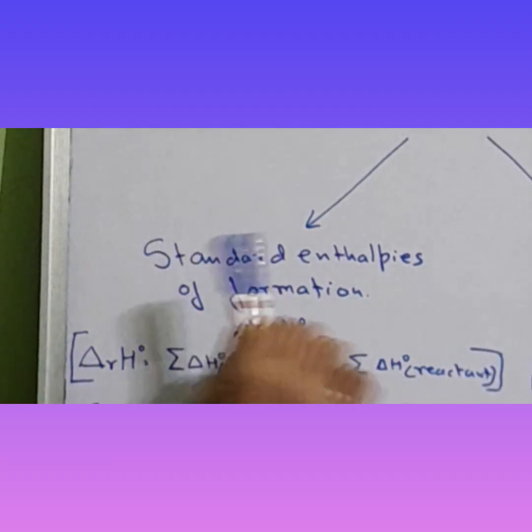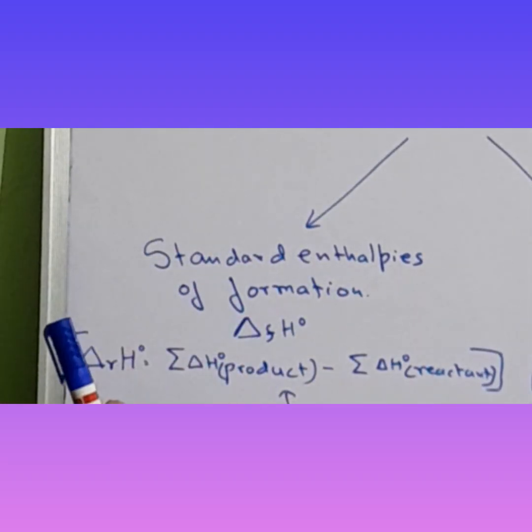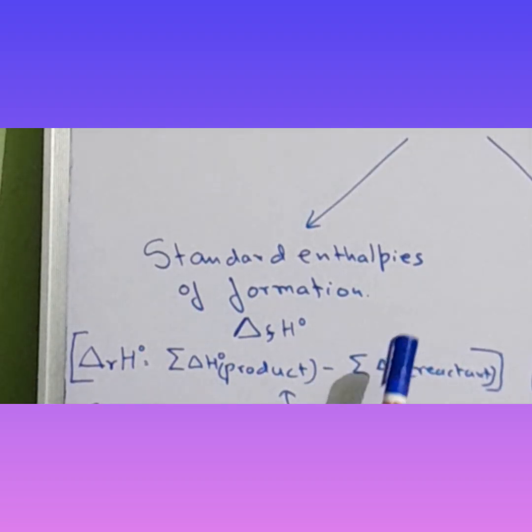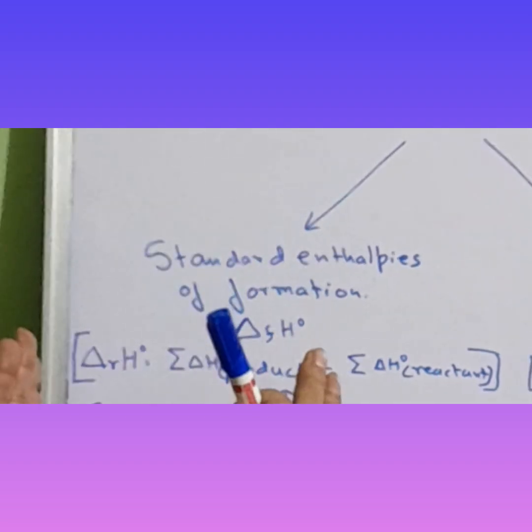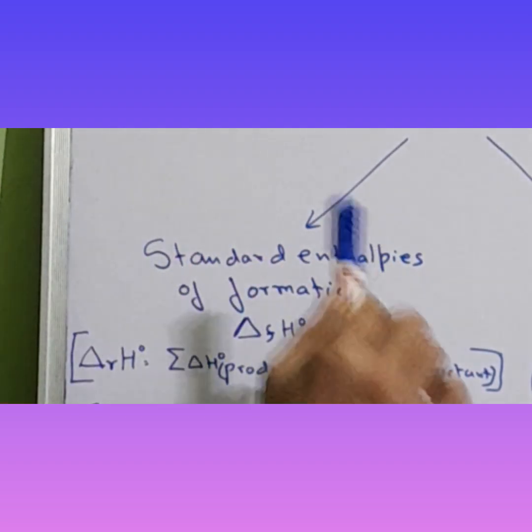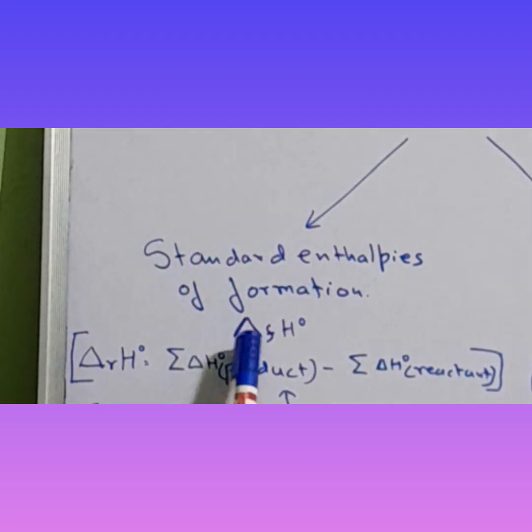Now, in case of standard enthalpies of formation, we have got to use del R H standard enthalpy, and it is the summation of del H standard enthalpies of products minus the summation of del H standard enthalpies of reactants. Alright, this is the formula that you have got to use when you are provided with standard enthalpies of formation.